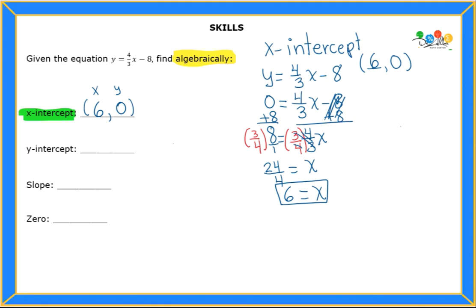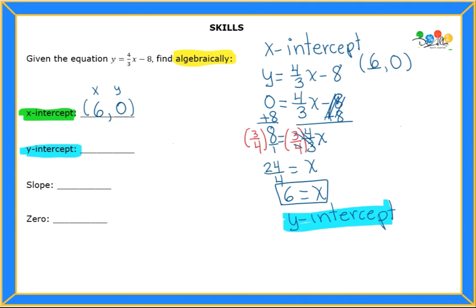Next, I need to find the y-intercept. We can do pretty much what I did with the x-intercept, but I'm hoping that you know that the y-intercept can be easily identified if you write your equation right below the slope-intercept form. So this will be for the y-intercept. Let me highlight that so that we don't get confused with the other one.